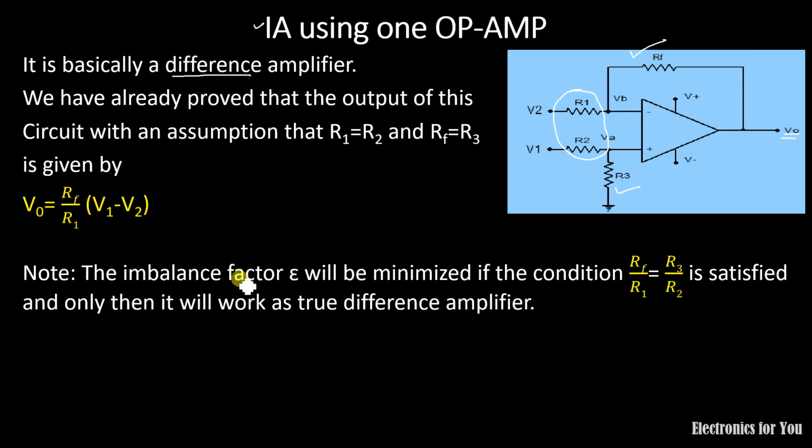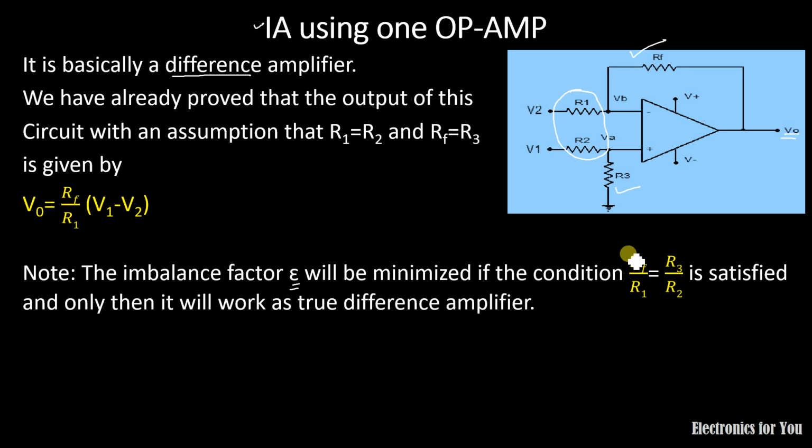Here, note that the imbalance factor epsilon will be minimized if the condition Rf upon R1 equals R3 upon R2. Here we have already seen that this is the amplification factor Rf upon R1, and if Rf equals R3 and R1 equals R2, then only the imbalance factor epsilon will be minimized.